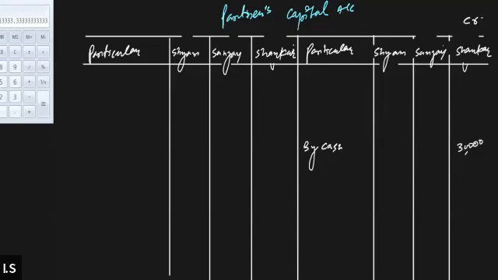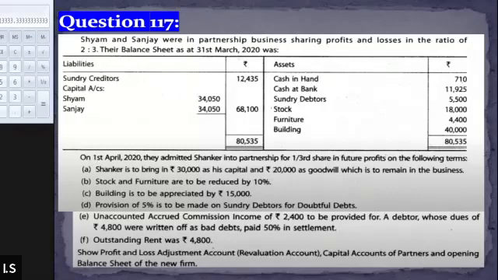Yes, sir. So we can directly distribute Shankar's goodwill among the partners Sham and Sanjay. So we'll write down by premium for goodwill. Premium for goodwill, the amount was 20,000. What was their old ratio? The old ratio will be considered as their sacrificing ratio. So 2:3 was their old ratio, right?